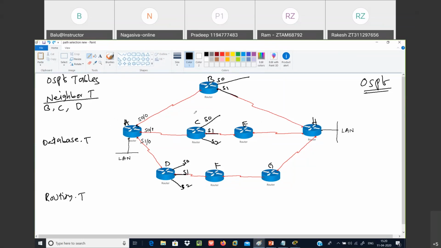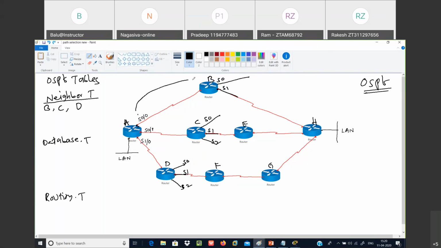This is a very important terminology you should try to understand, guys, in real time. Your office router will not calculate the entire route to the destination; it depends upon neighbors' information only.